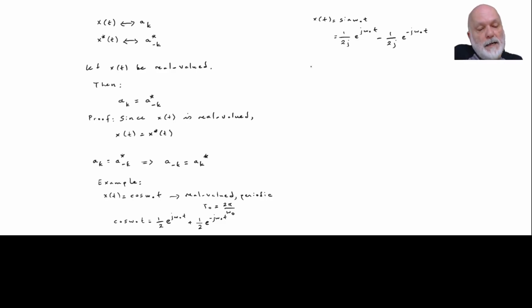Okay, another example is our periodic pulse train. Let us remember that example. We have a rectangular pulse with magnitude A over the interval from minus T hat over 2 to T hat over 2.